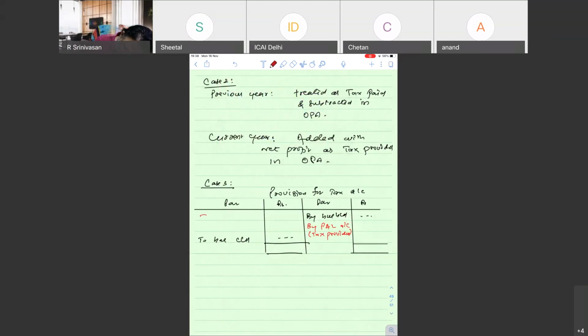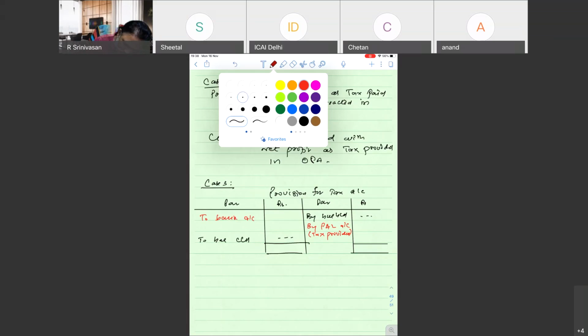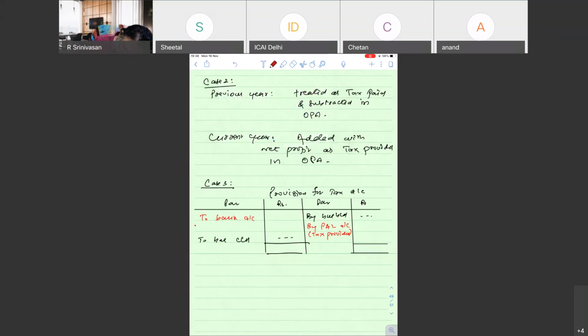And provision for tax to bank. So we have to subtract this in the operating activities, and in the operating activities we have to add this.